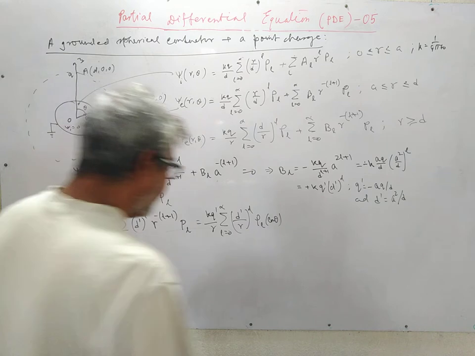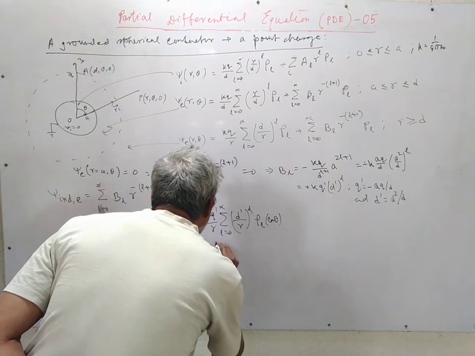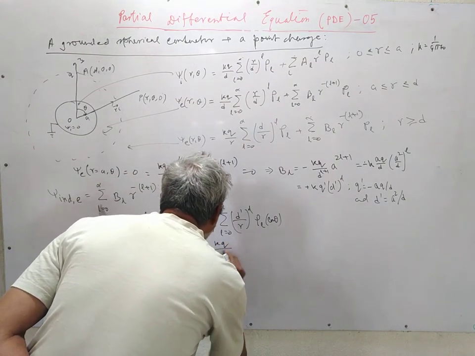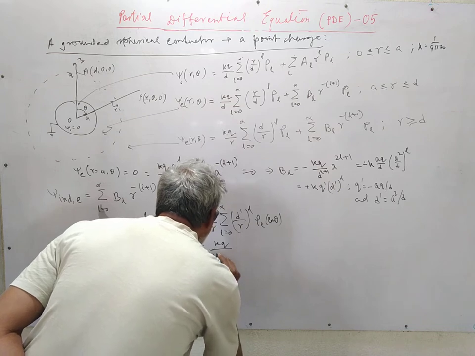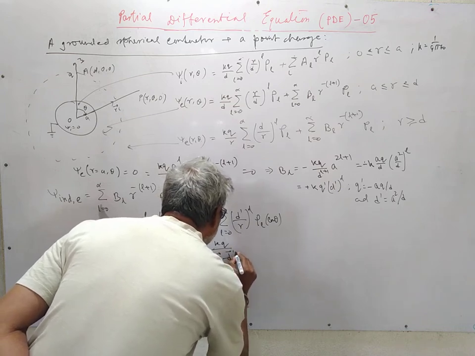This can be written as kq by R minus d prime vector.